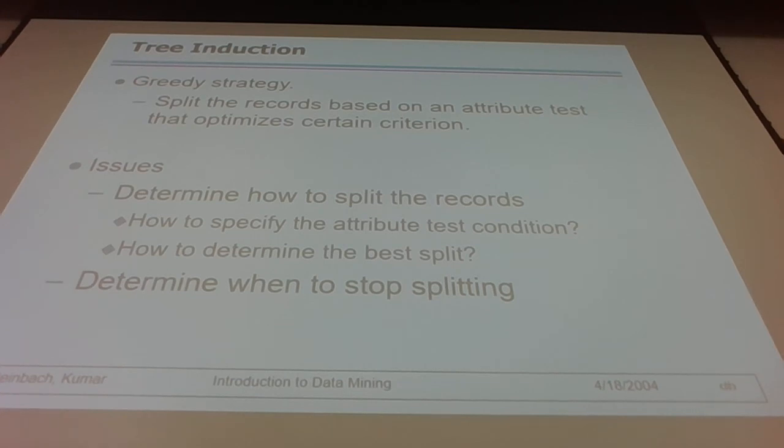Just to give you a look ahead at this question of when to stop splitting: let's say the data set is such that you never have a pure class. It's a very complex data set. Worst case, what can happen? When will you stop?